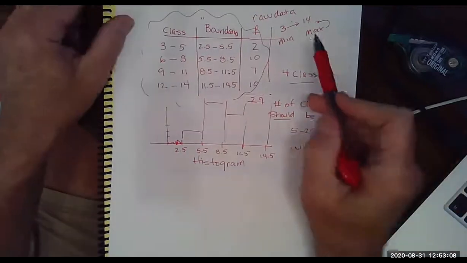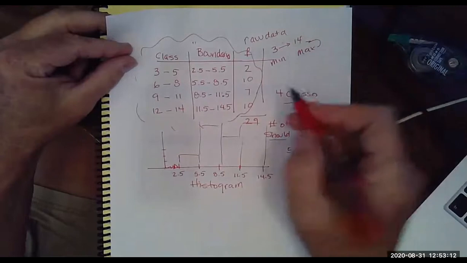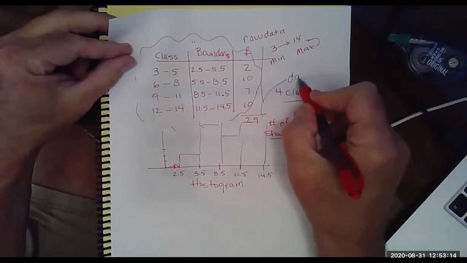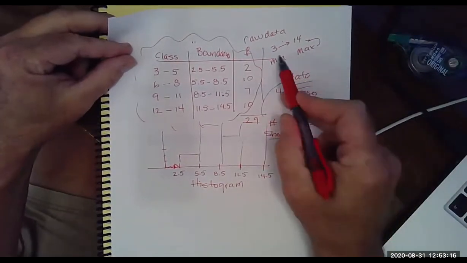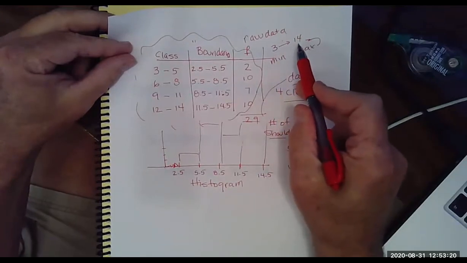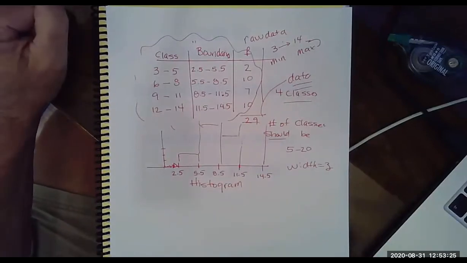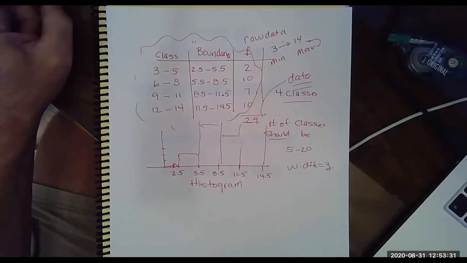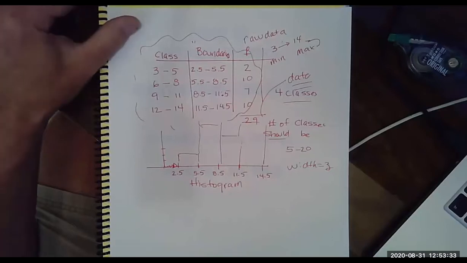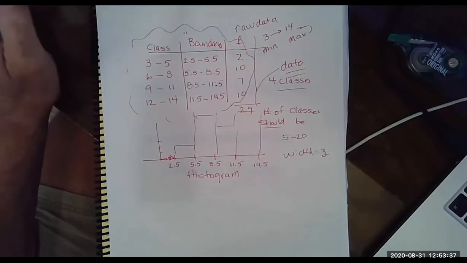So if in fact I had 29 data values, and the smallest was in fact 3 and the biggest one was in fact 14, and remember I said all the numbers have to go in a spot, and your first one can't be empty and your last one can't be empty. And then you say, well, how many classes do you want, Jeff? I say, well, let's say it's 4.